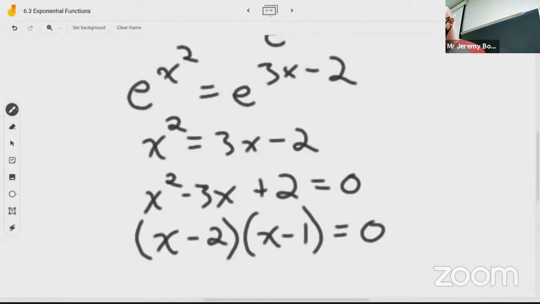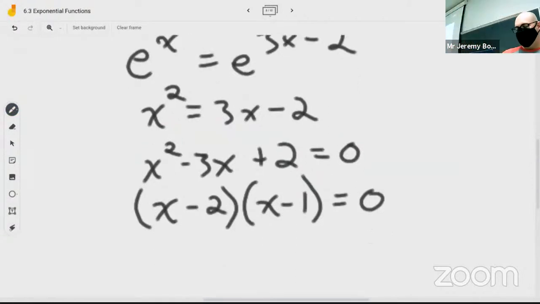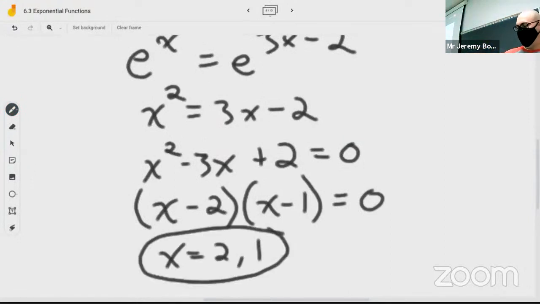Good. And so we're going to get two solutions from that, right? We're going to get x is equal to 2 and x is equal to 1. Any questions on that?